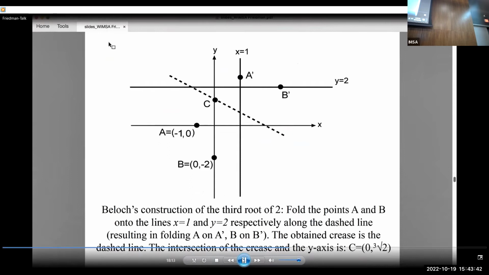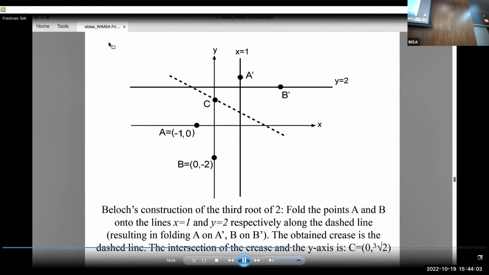She then proved that the intersection of the obtained fold, the dotted line in the slide, with the y-axis is the point C, whose coordinates are (0, the third root of 2).